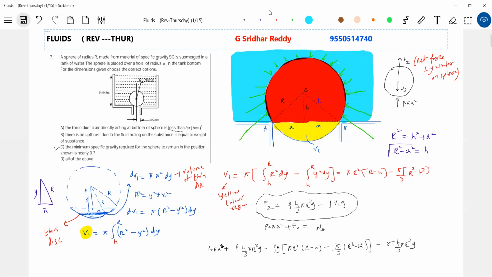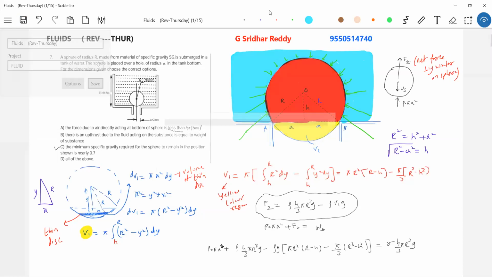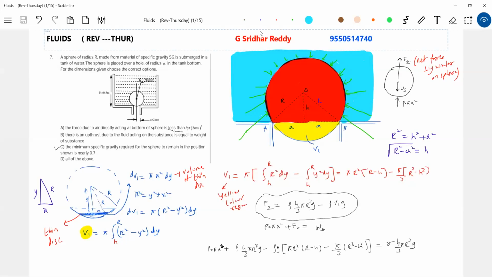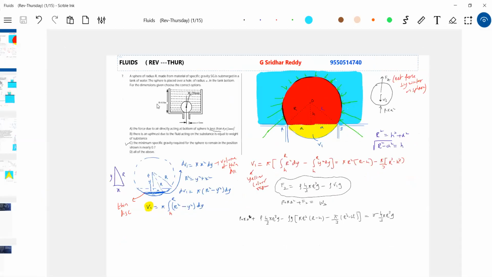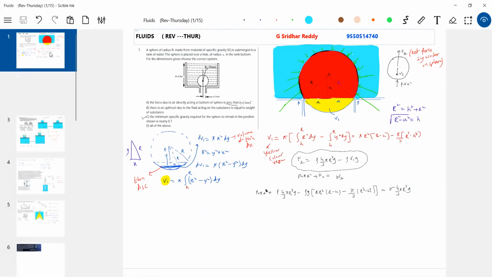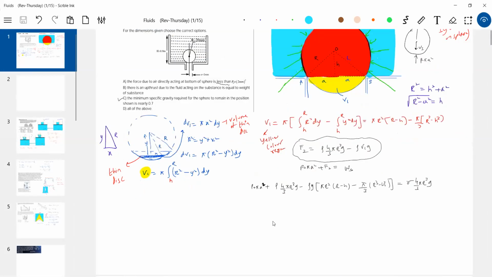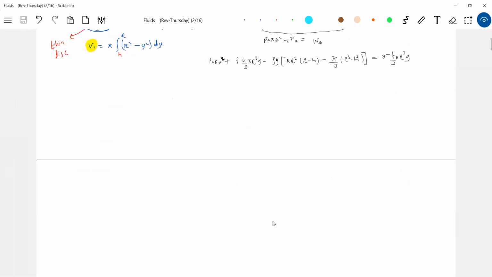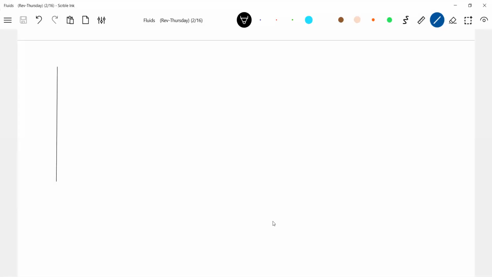Okay, let's get into the next set. Now same thing. There's a sphere. If some other shaped object is there, let me discuss a very good idea. We have a container.